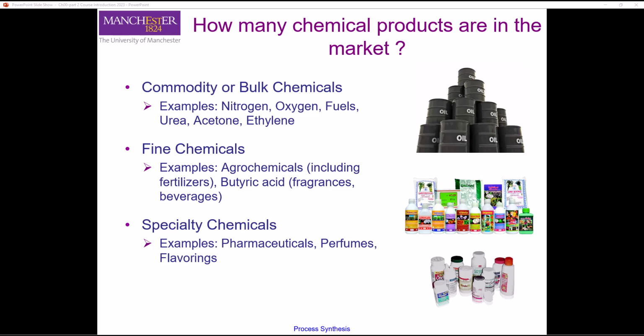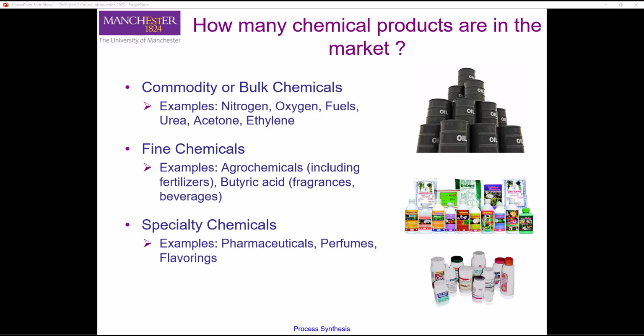Okay. And finally, we have the third class, that is specialty chemicals or functional chemicals, and they are manufactured for a particular or specific application, and it is the function of these chemicals which determines their price rather than the chemical composition. For example, perfumes, flavoring, or pharmaceutical products.